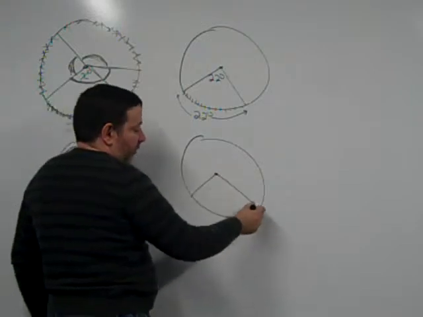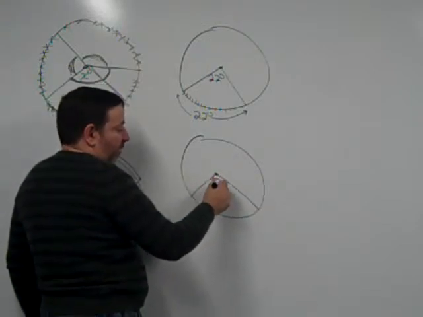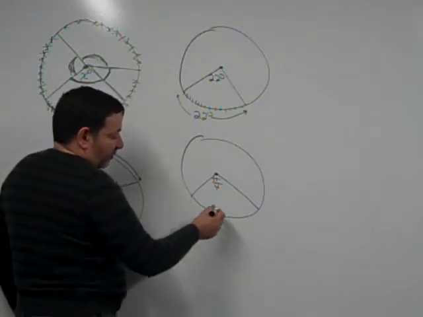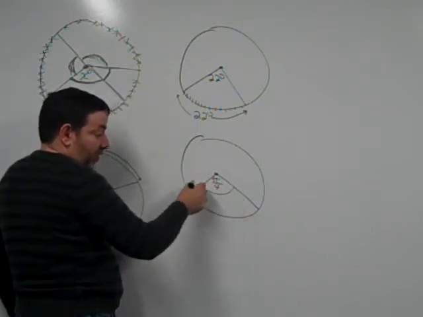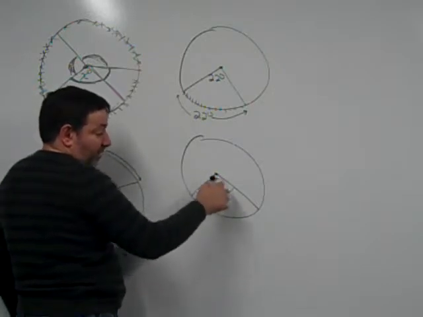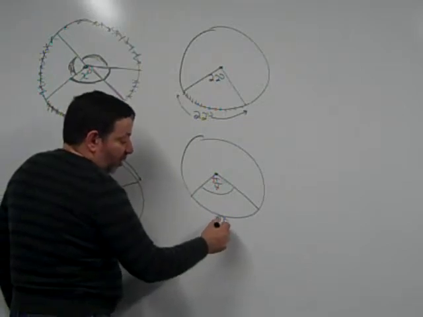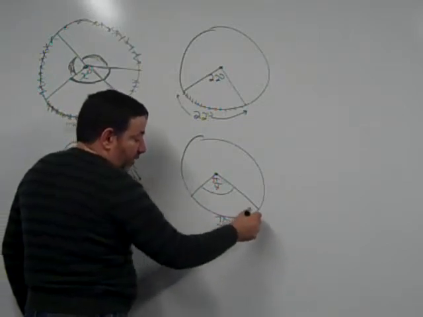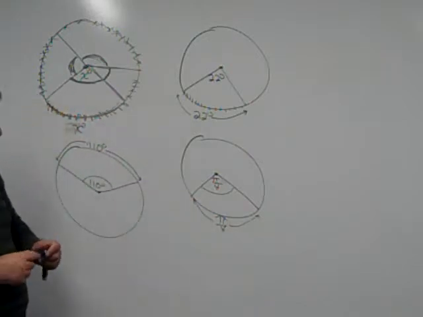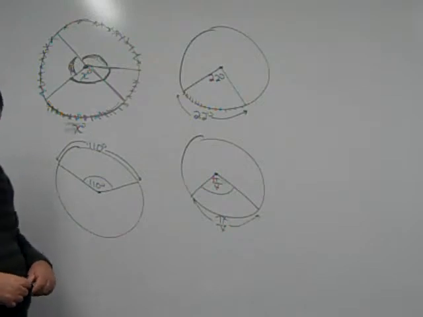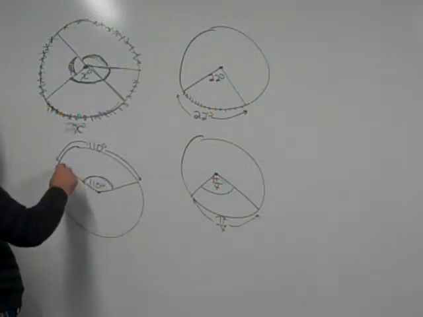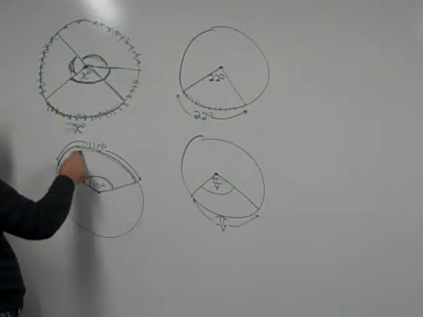If this arc here is pi over 4 radians, since it doesn't have the degree symbol, it must be radians. Then this arc that we cut off is also pi over 4 radians. There's a one-to-oneness between the central angle and the arc that it cuts off.